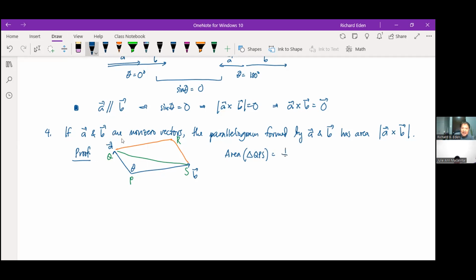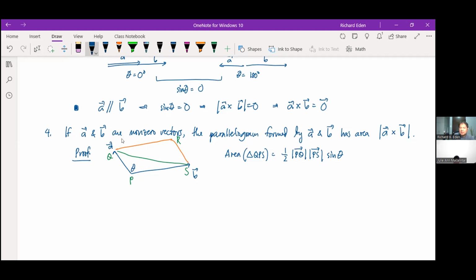So this would be 1/2 of the length of PQ, and then the length of PS, and then the sine of the angle between them. But I'm going to take PQ not just as the segment PQ, but rather the vector PQ and the vector PS. Anyway, the side PQ and the vector PQ have the same length.